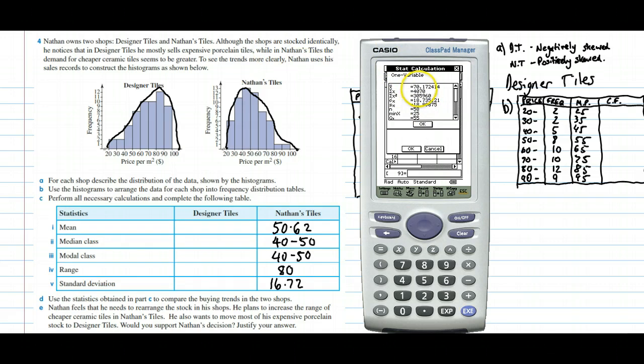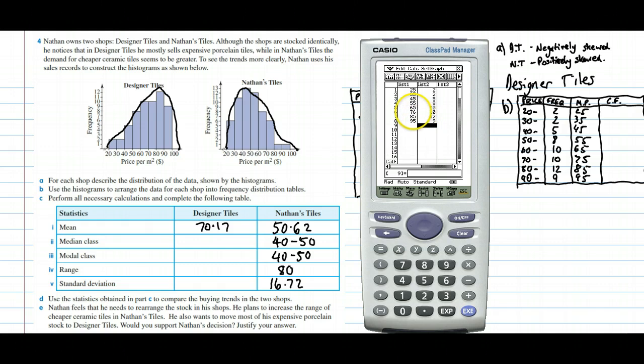So the mean this time is 70.17 for designer tiles. The median class is the class containing 76, because I put the wrong value in there. Let's fix that up. Let's make that 75. That might have affected the values in here possibly a little bit as well.